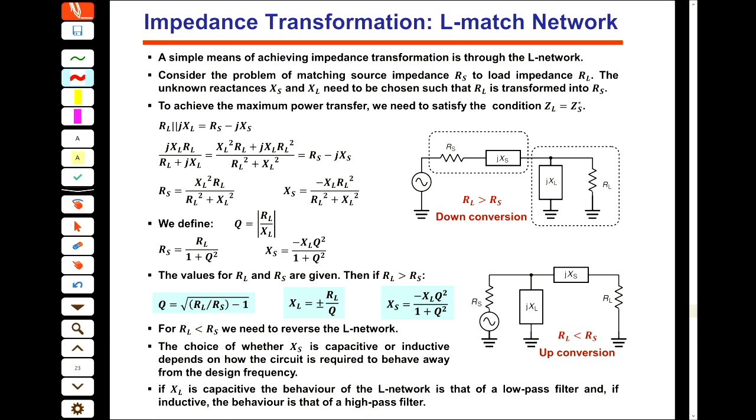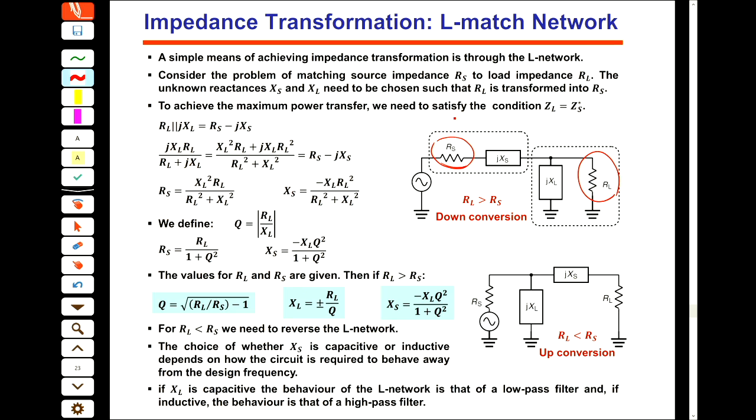So now we are using these ideas to do the impedance matching from a load to a source. I'm doing this for a pure resistive source impedance and a pure resistive load impedance, and then at the end I will tell you what we should do if it's not purely resistive, I mean if it has some reactance, okay? So assume that we have a pure resistive RS and a pure resistive RL.